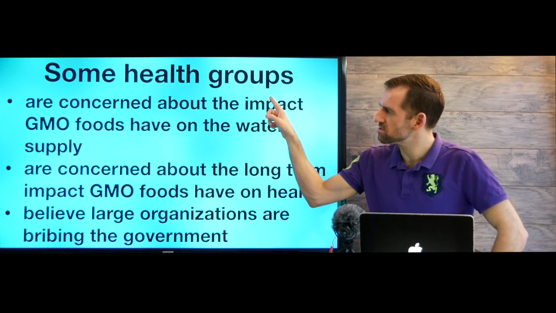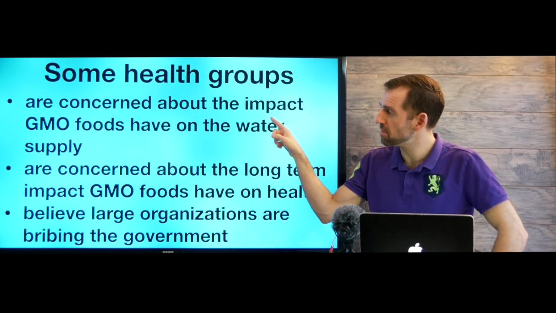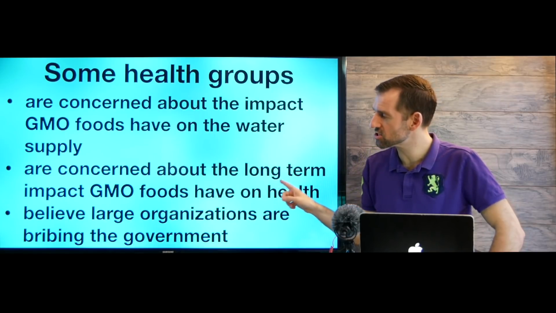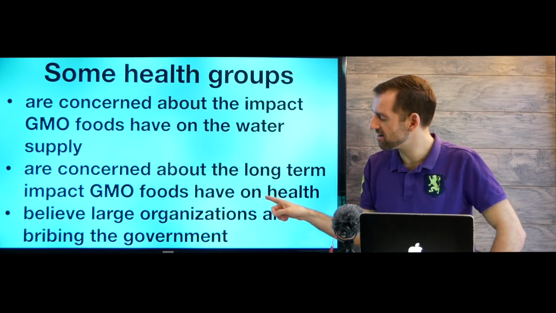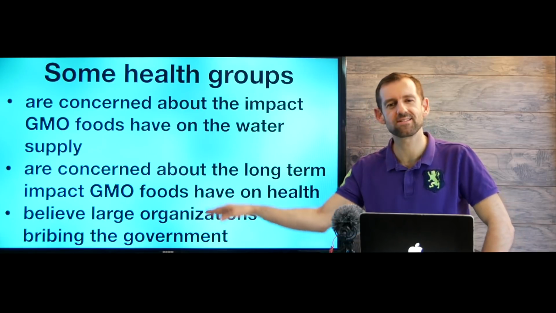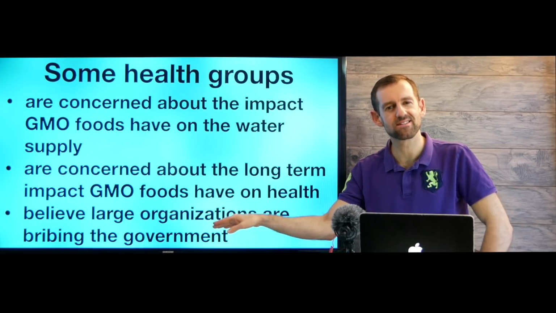Some health groups are concerned about the impact GMO foods have on the water supply. Are concerned about the long-term impact GMO foods have on health. Believe large organizations are bribing the government. Okay, which one did the article say?